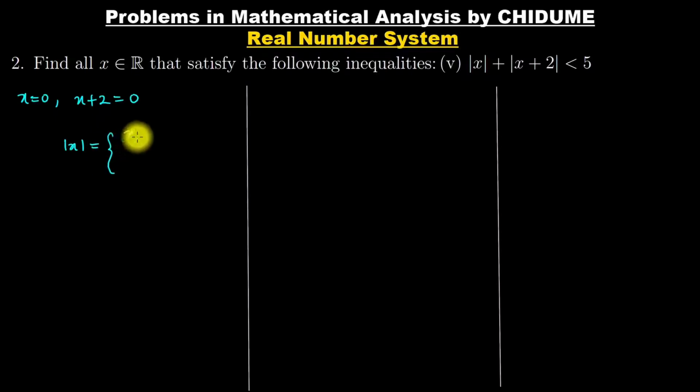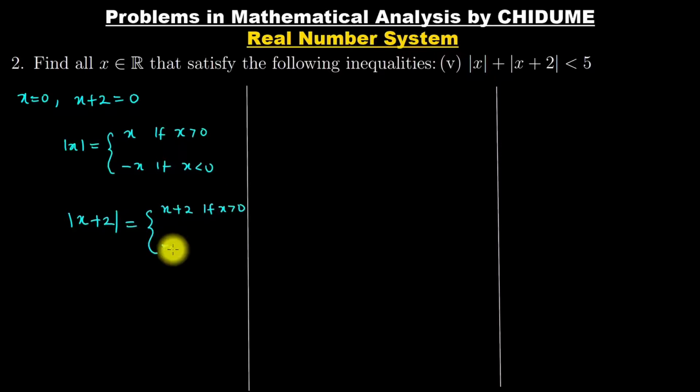The absolute value of x itself is x if x is greater than 0, and negative x if x is less than 0. And the absolute value of x plus 2 is x plus 2 if x is greater than negative 2, and negative of x plus 2 if x is less than negative 2.